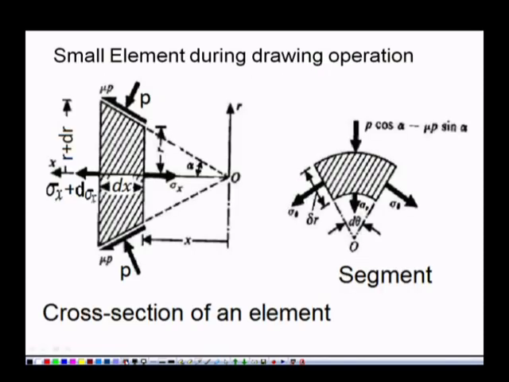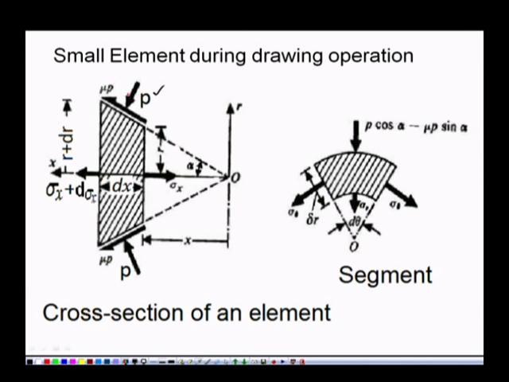the elemental strip. Whatever we have taken earlier, the small elemental strip is there during the drawing operation. The pressure P is acting on it, the total pressure.